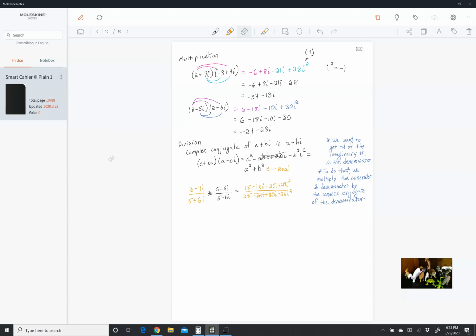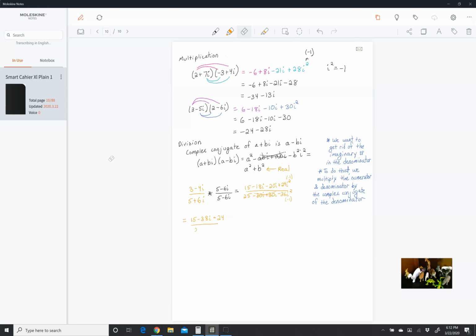This positive 24i squared, we're going to replace the i squared with a negative 1. And we're going to replace this i squared with a negative 1. So what we're left with here is 15 minus 38i, this becomes a minus 24.